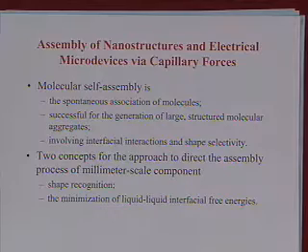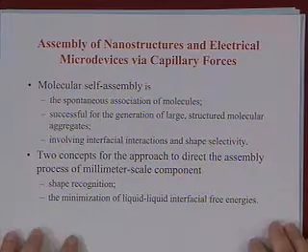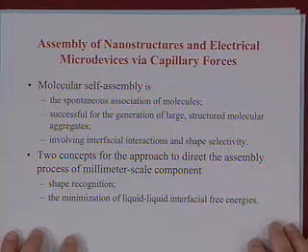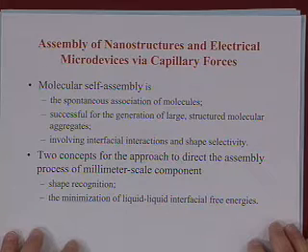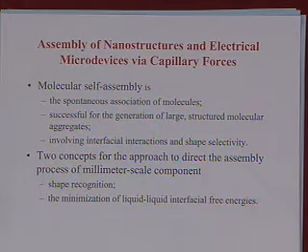Molecular self-assembling is the spontaneous association of molecules, and it's successful for the generation of large structured molecular aggregates. It involves interfacial interaction and shape selection. I mean, we can think of DNA, RNA, proteins. There are a lot of examples of molecular self-assembling.